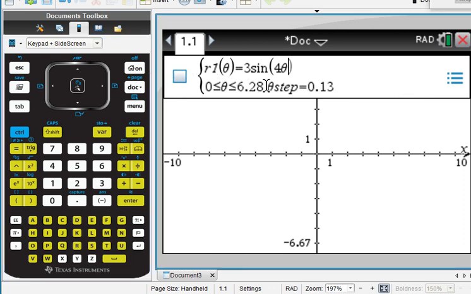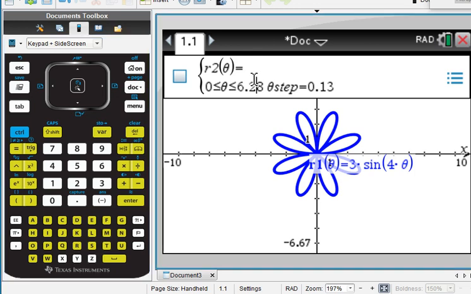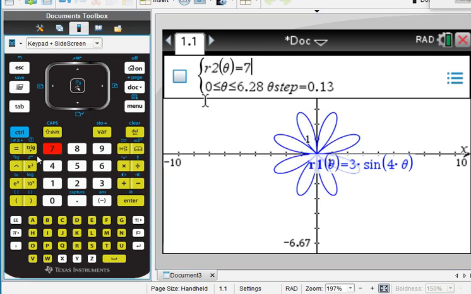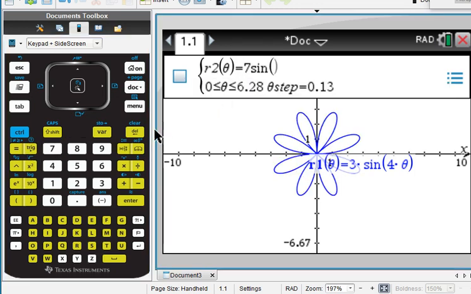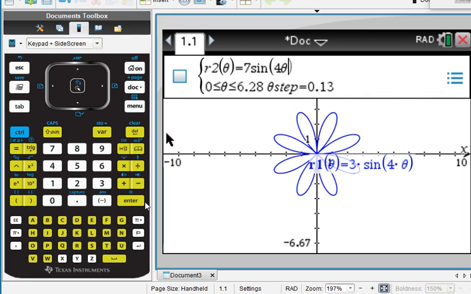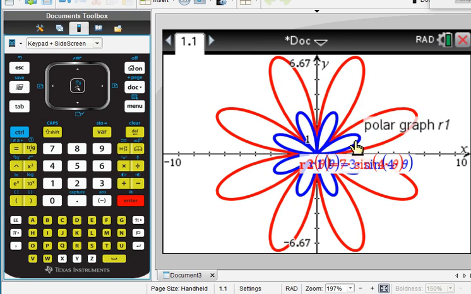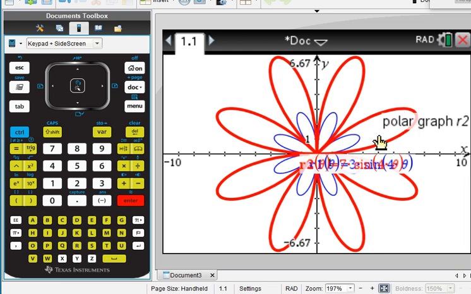We did 0 to 2 pi, which is the default here. That gives you that one. And then 7 sine of 4 theta. So again, you can see R1 is out to here, the one further out, and R2 is the one inside there. We're trying to find these areas between the two curves.